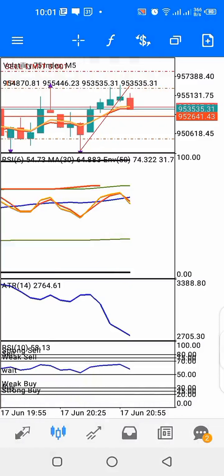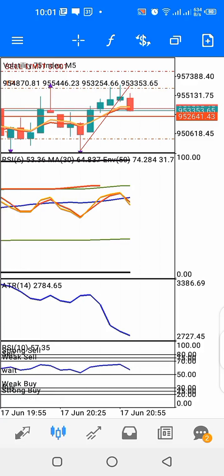As a continuation of the earlier video, you can see that we have a break below the ascending trend line, and price is approaching the red horizontal line, which is the midpoint between the buy limit and the sell limit.